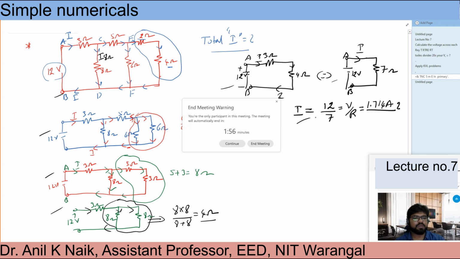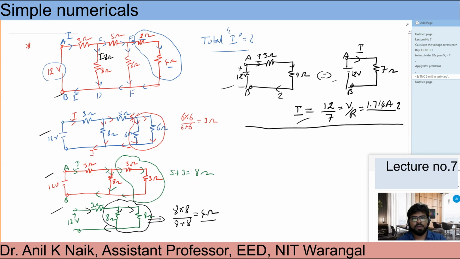Once you get the total current here, now I want to find what this current is. So which circuit am I going to consider? This one. So I can take this one, and I can find the current flowing here in the 8 ohm resistance.